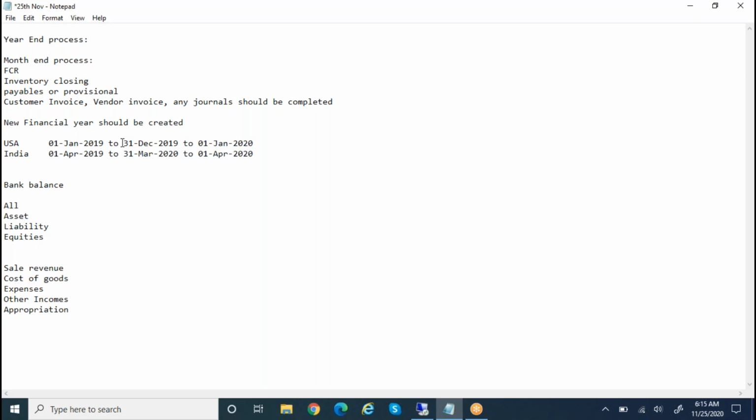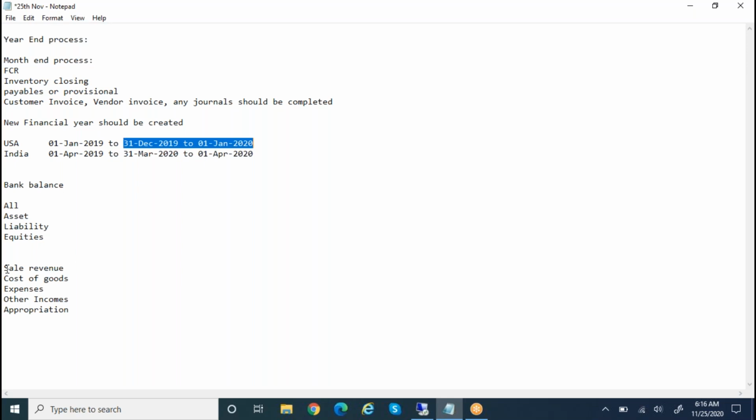For this year, for the USA, from 31st December to next year Jan 1st, travel expenditure, petrol expenditure, salary expenditure, or any expenses, any revenue accounts, all these accounts will not be transferred to the next year. Whatever the expenditure happened in the last year, that's it.